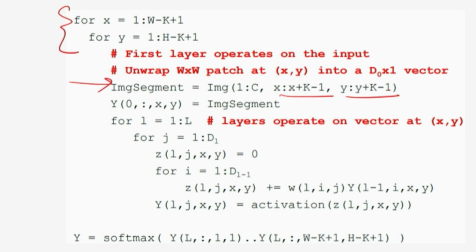But what you see here is 1 to C, right? That's a little bit interesting part. It's called channel. We can see that in the second part later on, because so far what he has said is that there is one 2D image. But what this says is that there could be a color image, and a color image comes with three 2D images, RGB, right? If that is the case, then even the segment that you are taking out will be a kind of cube with three small k by k patches.